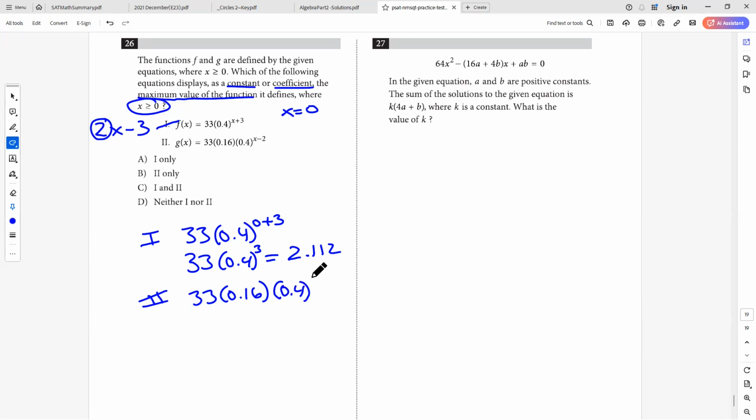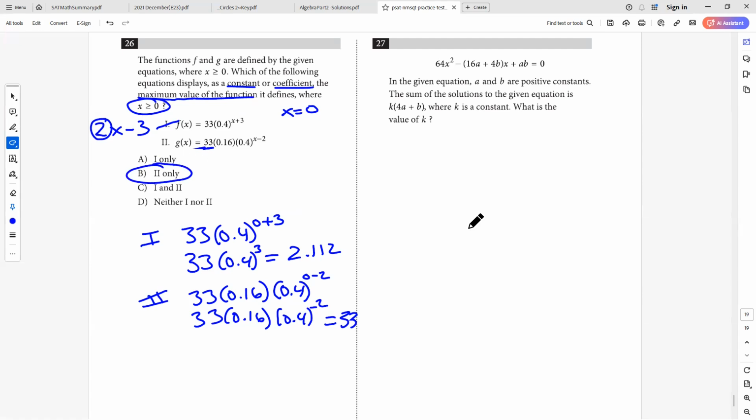Again, 0 will give us the highest value there, so 0 minus 2, or just the negative second power. Multiply that out, that gives us 33. So does 33 appear as a constant or coefficient in that function? And it does, right there. So 2 is true. That's the only one that's true. So the answer is B.